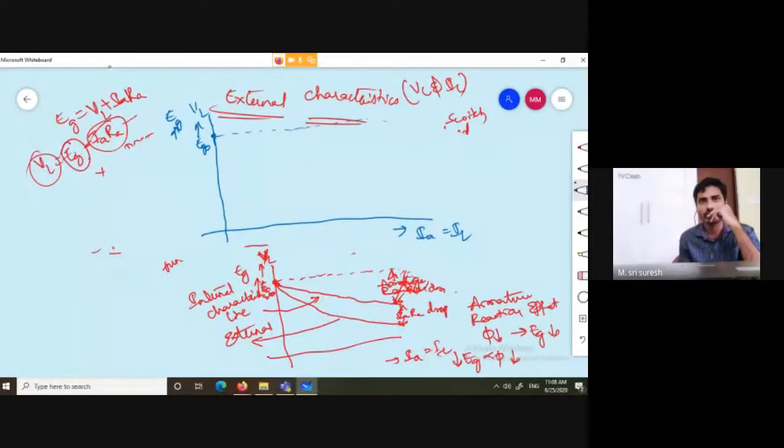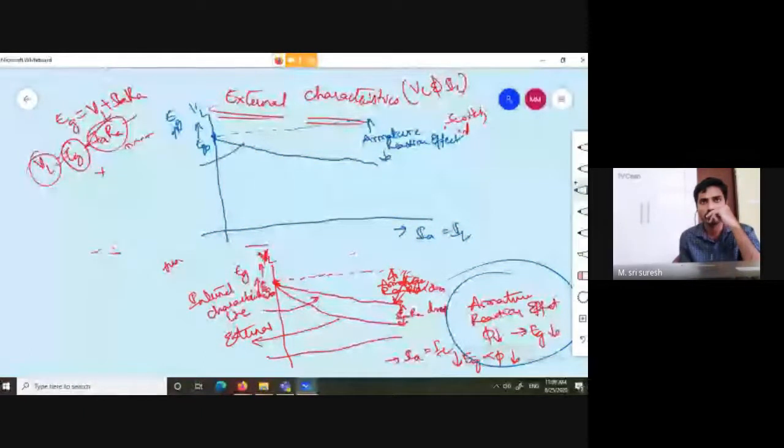Then you have to draw the internal characteristics, obtained as I have explained here. Whenever there is loading, the EG value will decrease due to the armature reaction effect. So this is the internal characteristics. Now, this is the EG line.